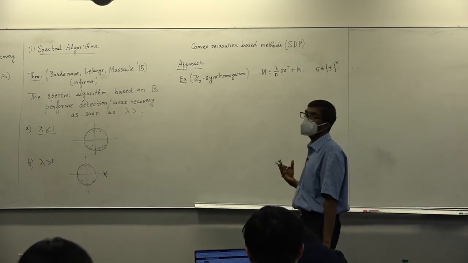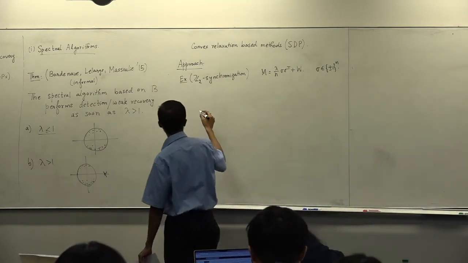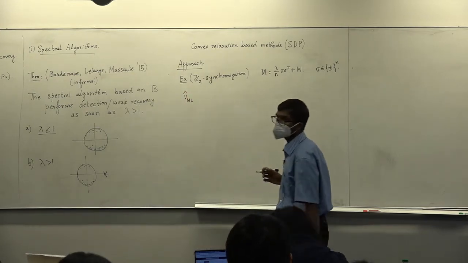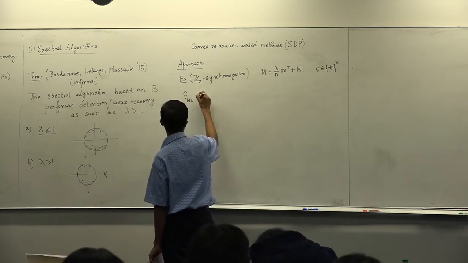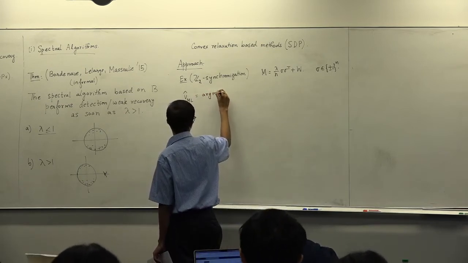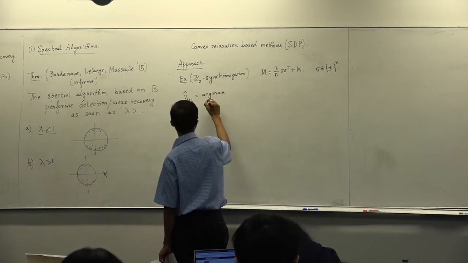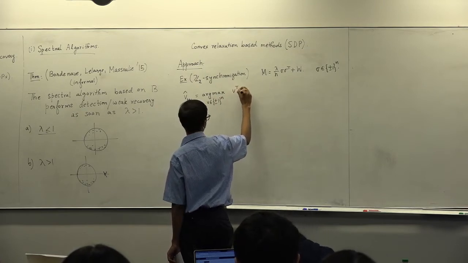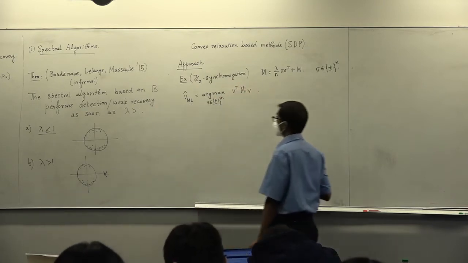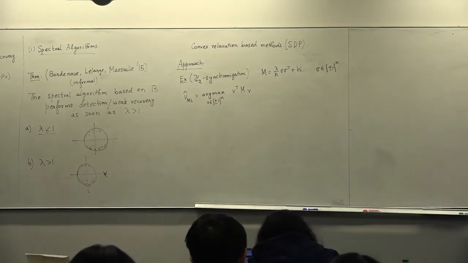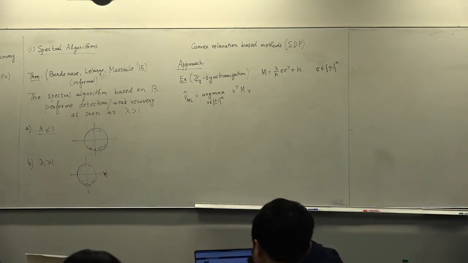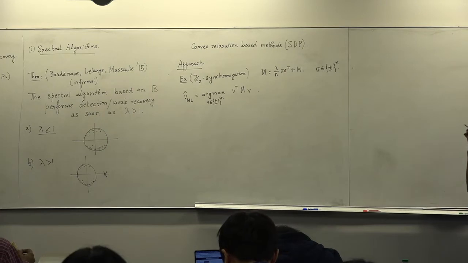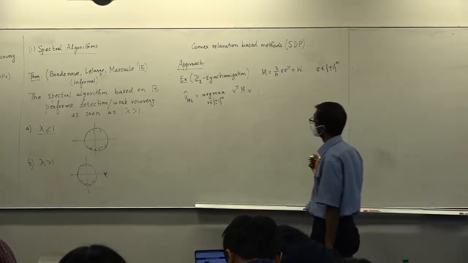So if I had infinite computational power, I would just look at the ML estimator, the MLE, which one can show is nothing but the argmax of V transpose MV. So if I could optimize over the hypercube, this would be very reasonable. But this is not something that we can do in practice.